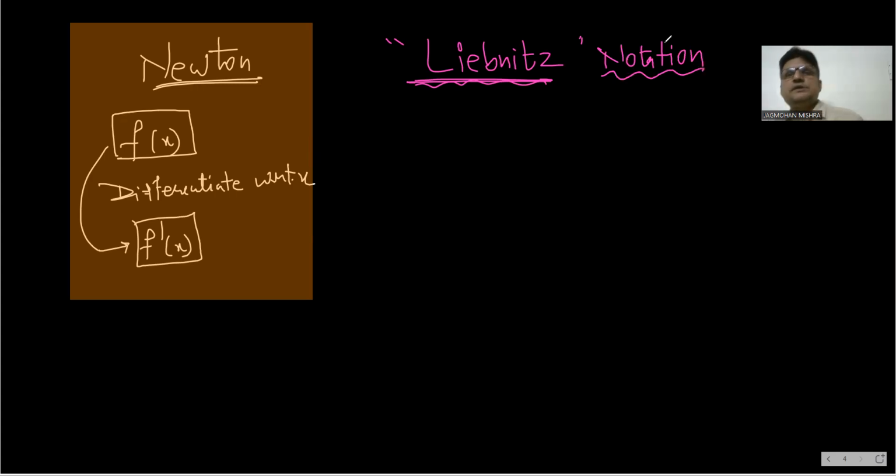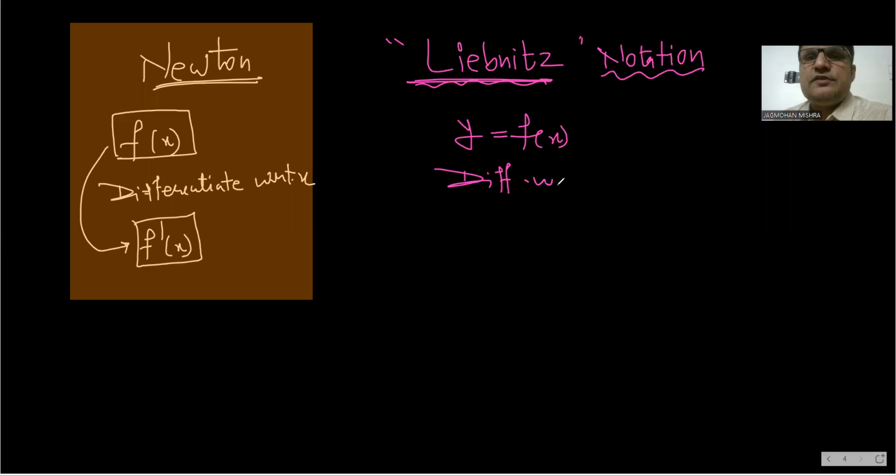See, what does Leibniz say? He said that if f of x, the function of x, is termed as y, then differentiating this with respect to x, you can always use the short form, that is, differentiating with respect to x.